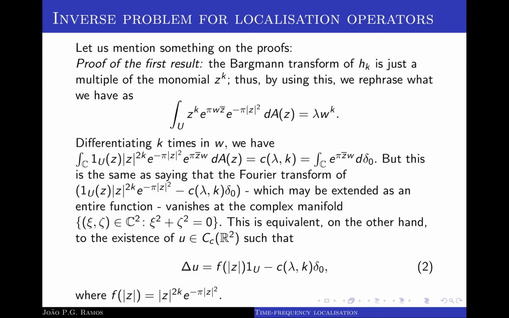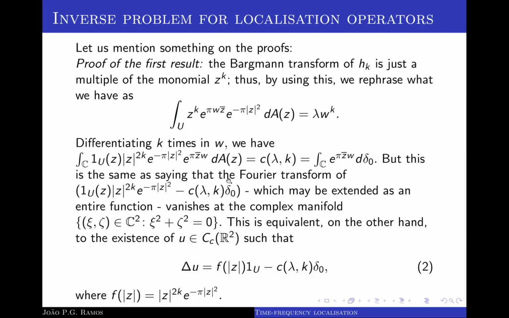And a couple of computations with this fact show that this is equivalent to the following. There is a u compactly supported and continuous on R2, such that Laplacian of u equals f of modulus of z, where f is just this weight that is defined below, times the indicator of U minus a constant times the delta. So this is kind of a standard thing.